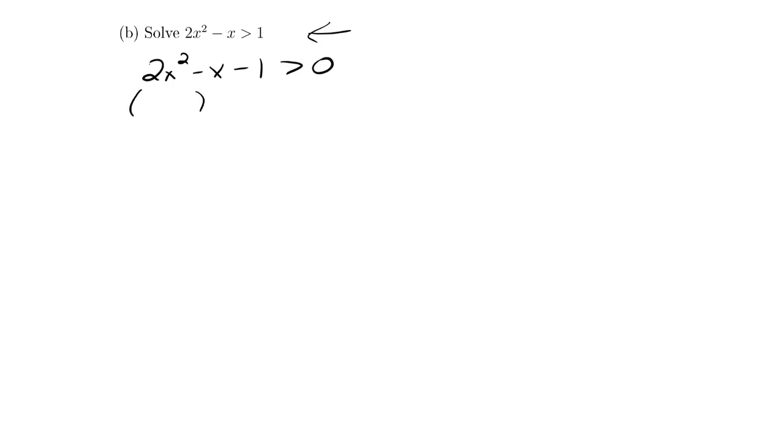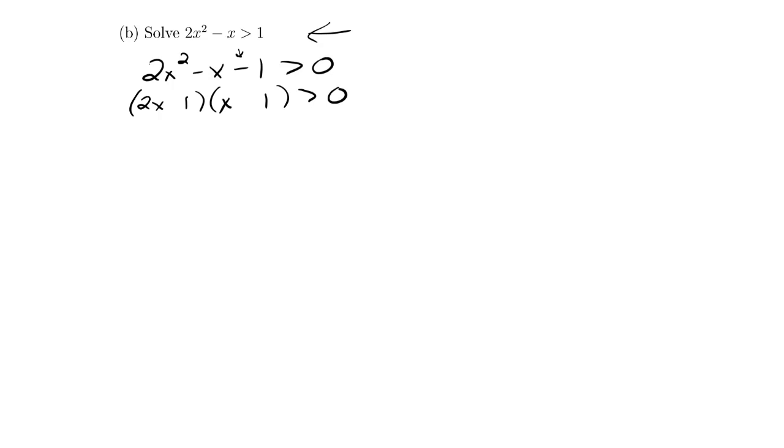I'll factor this. Again, I'm going to do it by my normal trial and error. I'm going to say 2x, I'm going to say x, and I'm going to try 1 and 1. So that would give me 2x from the outers and 1x from the inners, and that could give me a negative x. The negative sign there tells me that I want different signs.